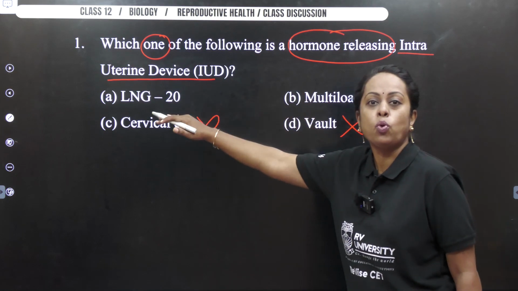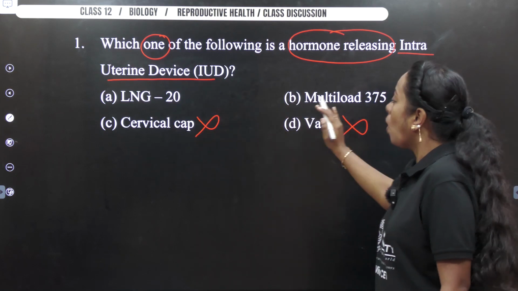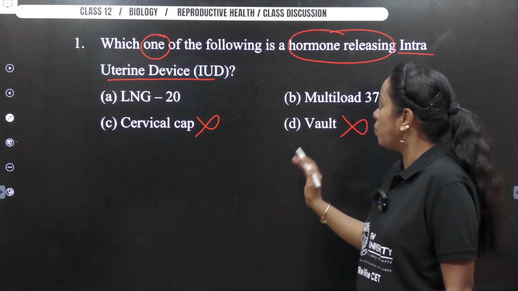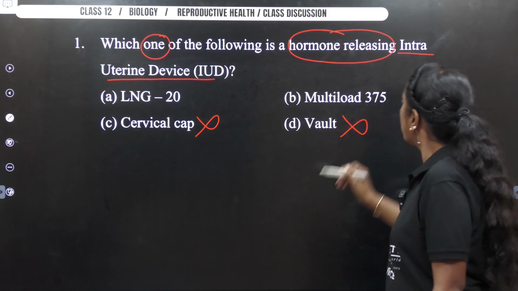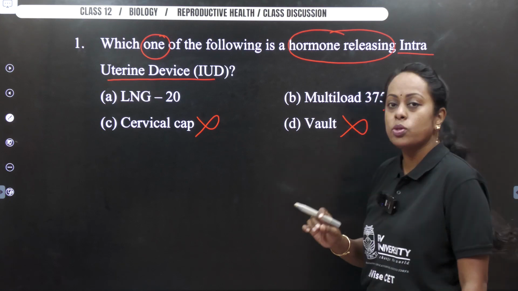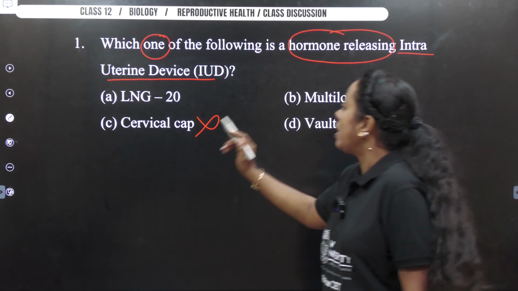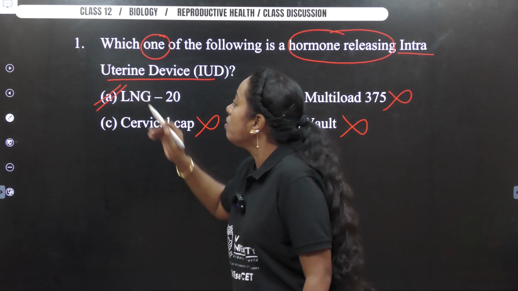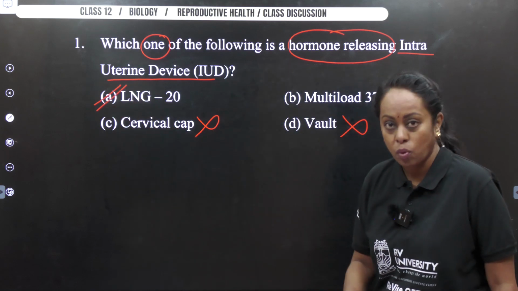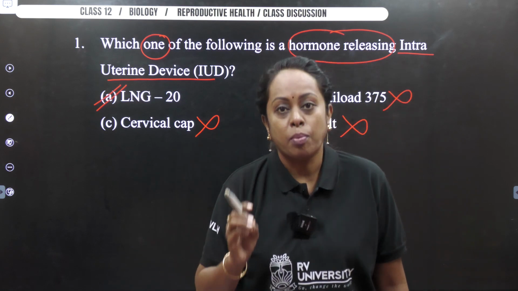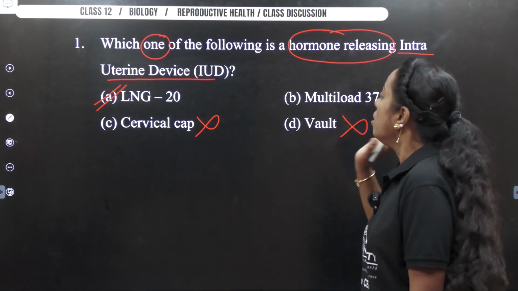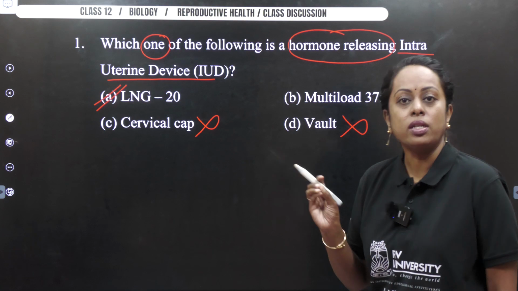Now you have 2 types of IUDs. One is copper releasing IUD, but the question was related to hormone releasing, so option B also is a wrong option. And we have LNG20, which releases the hormone. I hope you know the hormone is nothing but synthetic progesterone. So we mark the answer option A.